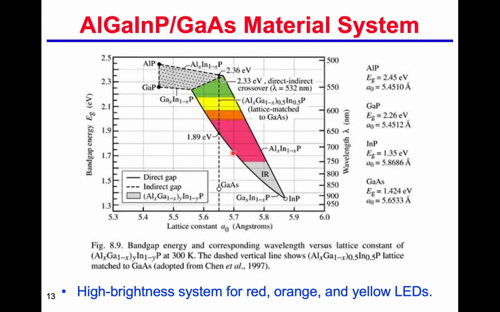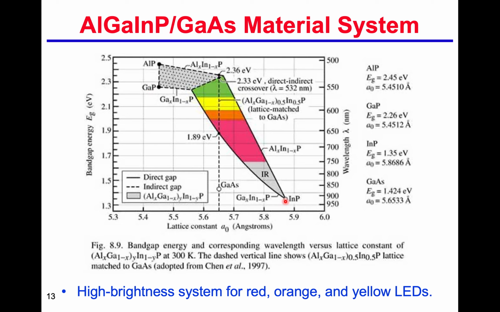So the trend of this figure, the energy band gap versus the lattice constant, goes from the top left to the bottom right in this direction. Here we have indium phosphide, gallium phosphide, aluminum phosphide. We call these binary, because this is a compound semiconductor with two different atoms.